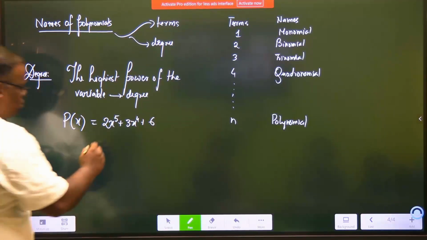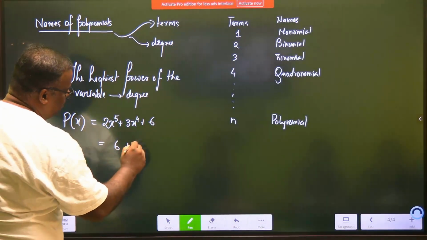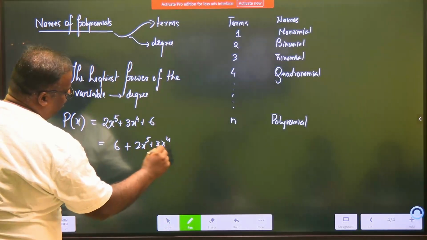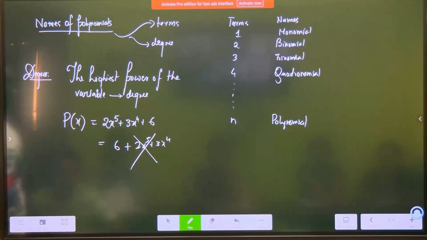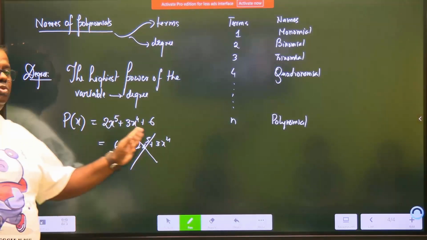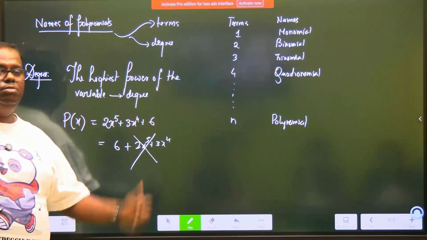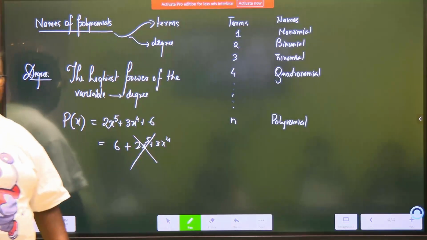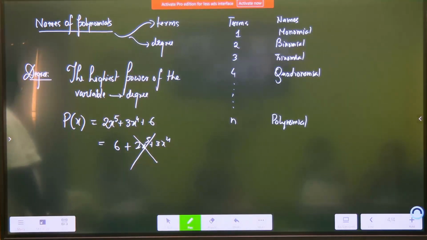Means you should not write this polynomial as 6 + 2x^5 + 3x^4. Not that it is wrong, but this is not the accepted norm. The accepted norm is always to write the degree term first, irrespective of whether it is negative or positive.